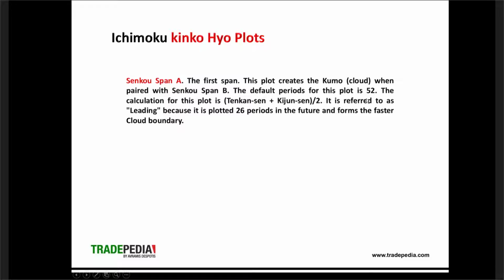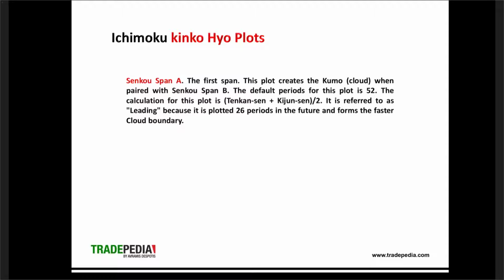And the calculation is, based on the last 52 periods, Tenkan-sen plus Kijun-sen divided by 2. So it's another form of average based on the Tenkan-sen and the Kijun-sen. Now, the Senkou Span A with the Senkou Span B are referred to as leading because after they are estimated, they are plotted 26 periods into the future. So they're plotted 26 periods forward from the last candle that we see on the price.